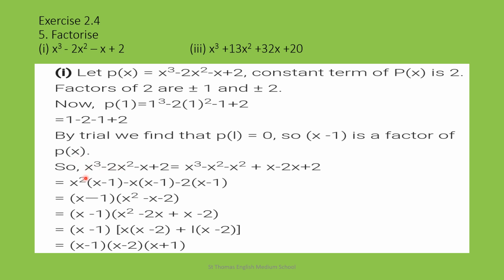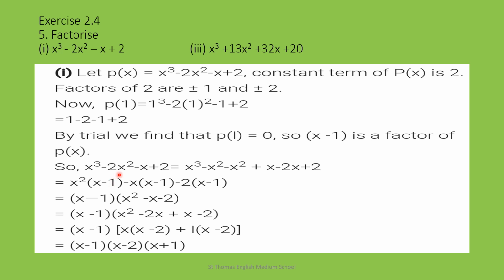That means from the given polynomial, you have to take x minus 1 as a common factor outside. For that, you have to adjust the terms accordingly. For example, check the first two terms, that is x cube minus 2x square. You have to take x minus 1 as a factor.